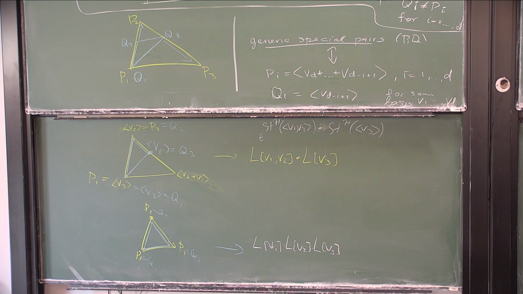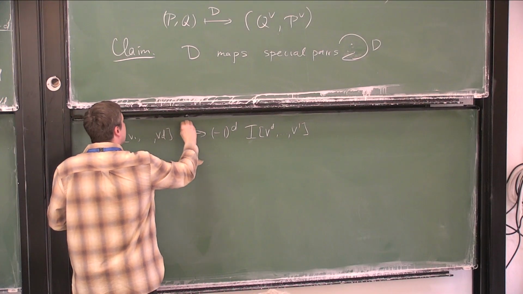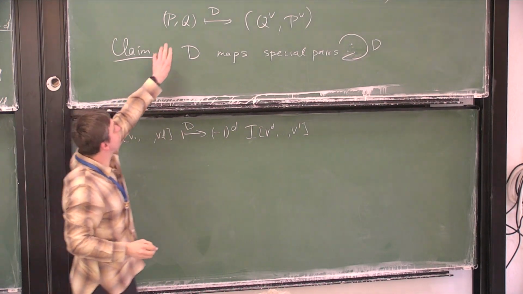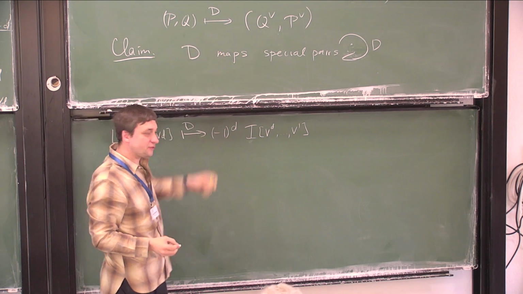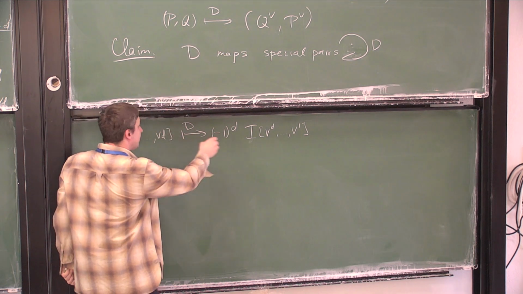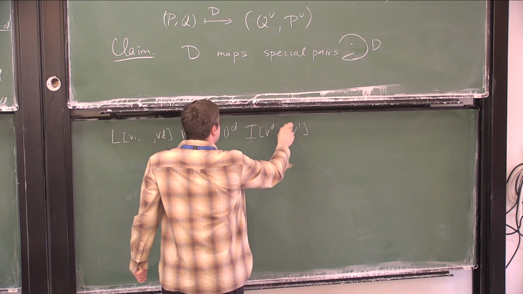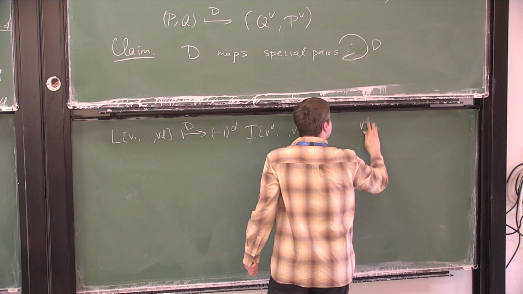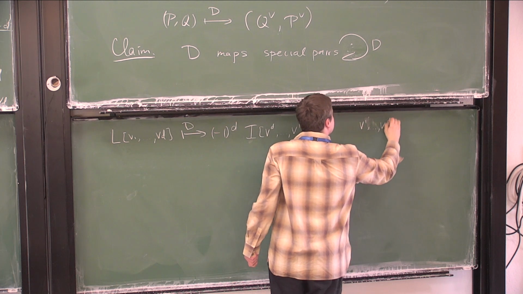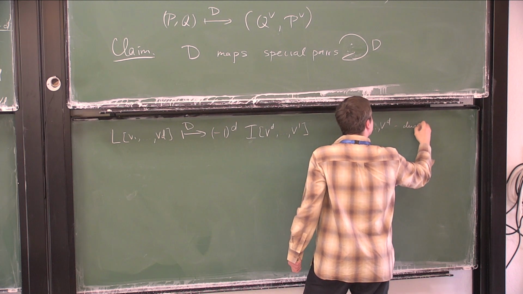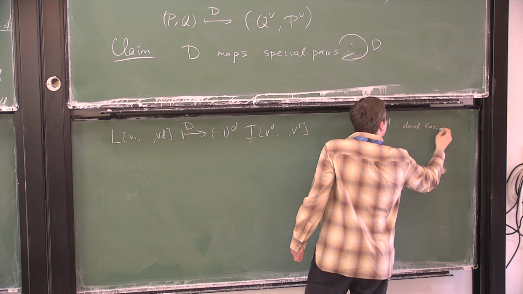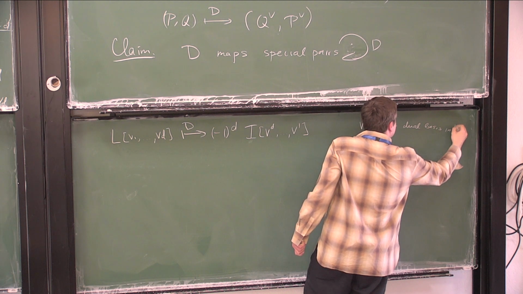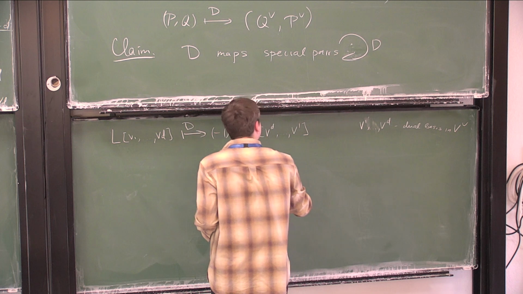Okay, so this map, I haven't defined what it does. It actually extends L somewhere. This is just this duality map which takes a pair of simplices, interchanges the order and dualizes. And what is this I, and what are these upper script things? V1 up to VD is a dual basis in the dual.